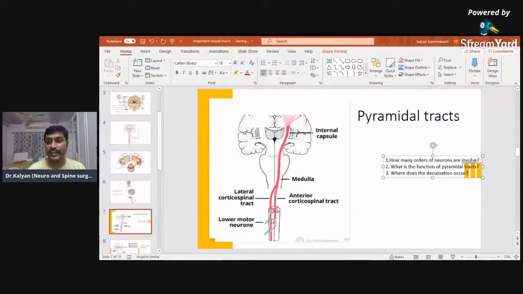I'm waiting for your answer. So where does the decussation occur in the pyramidal tract? Does it occur in the cortex? Does it occur in the brainstem? Or does it occur in the spinal cord? Yeah, the lower part of the medulla. So this is the most important thing which you have to remember. It occurs in the lower part of the medulla.